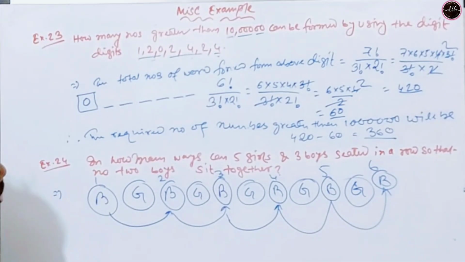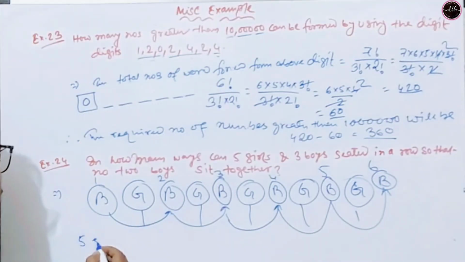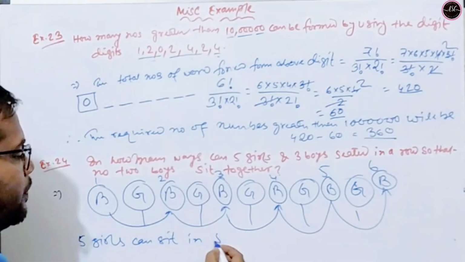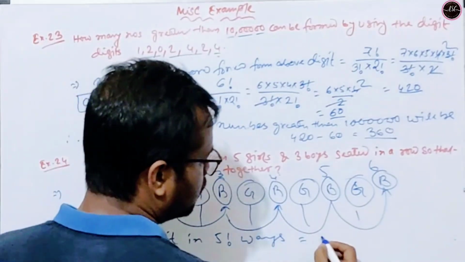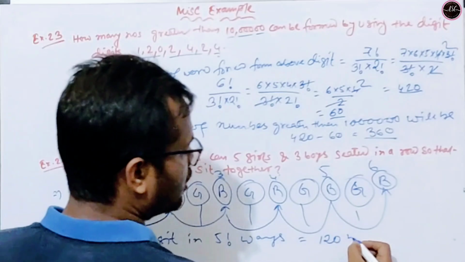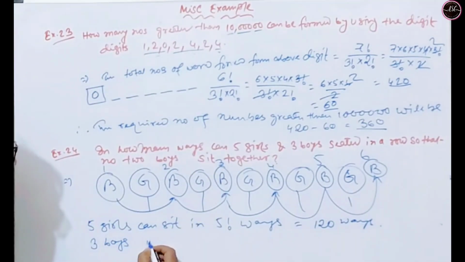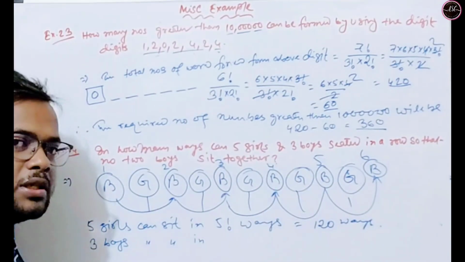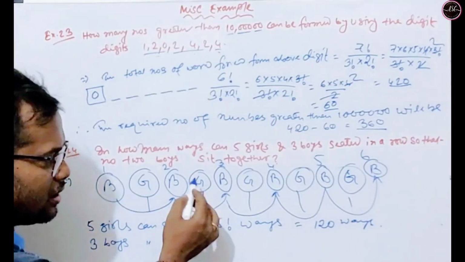Okay, so here the girls' positions have been fixed. So 5 girls can sit in 5 factorial ways, equal to 120 ways. Okay, and 3 boys can sit in how many ways? Here among 6 positions we have to find the 3 boys' positions.